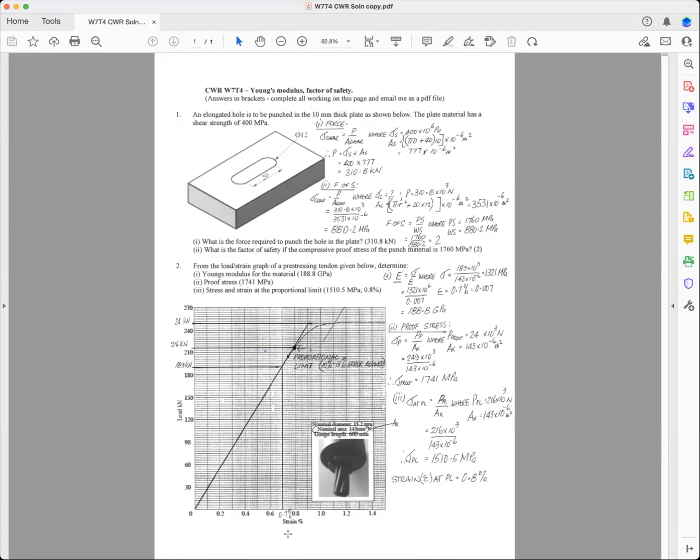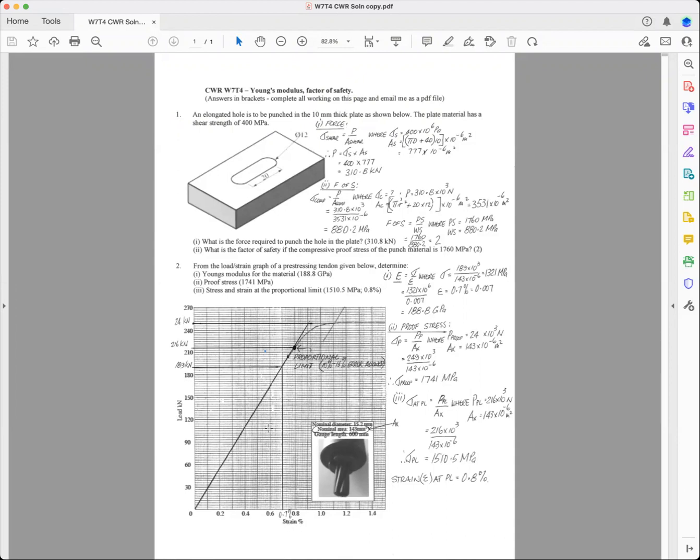And so to get the numerical value, you've got to divide 0.8 by 100, and that will give you 0.008 strain. And remember, there's no units for strain because it's a ratio. So that's just explaining these axes here.